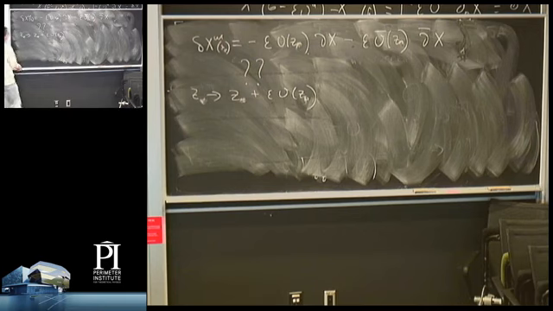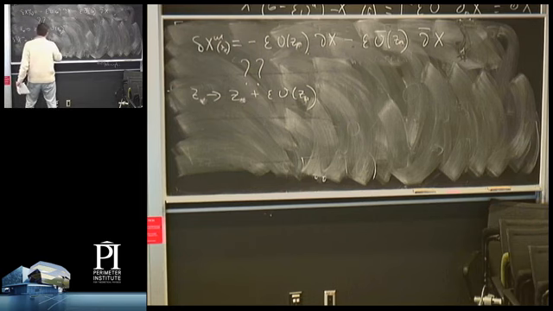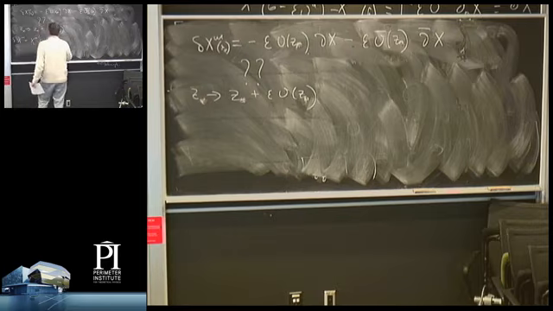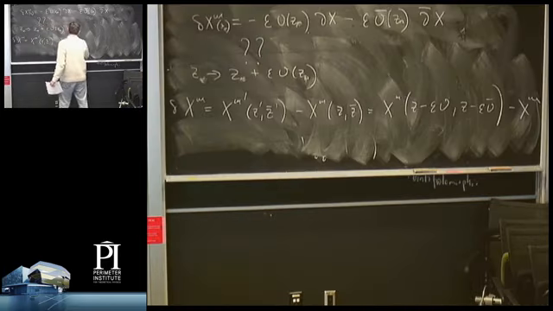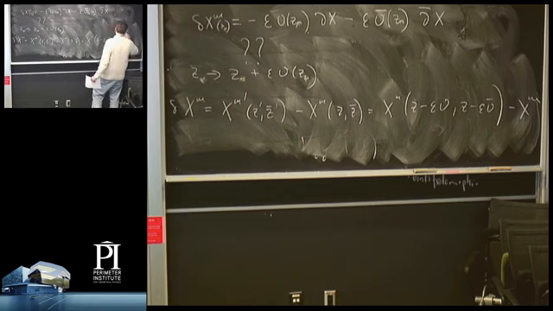And the reason for that is simple, because delta x mu is the same as x mu prime of z prime, z bar prime, minus x mu of z, z bar, which is x mu of z minus epsilon v, z bar minus epsilon v bar, minus x mu.